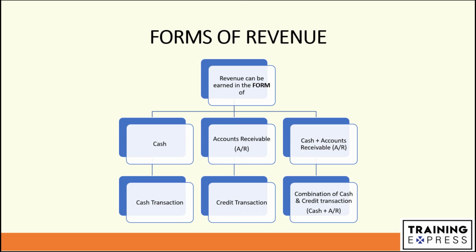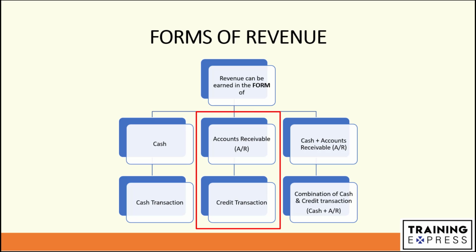After discussing the types of revenue, now we can look at forms of revenue. Revenue can be earned in the form of cash, which means it is a cash transaction.